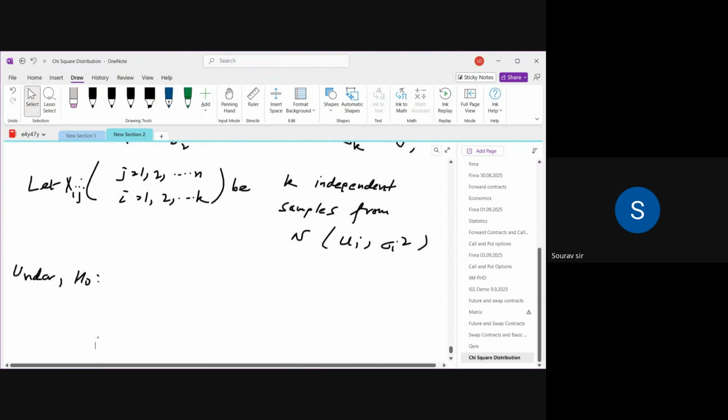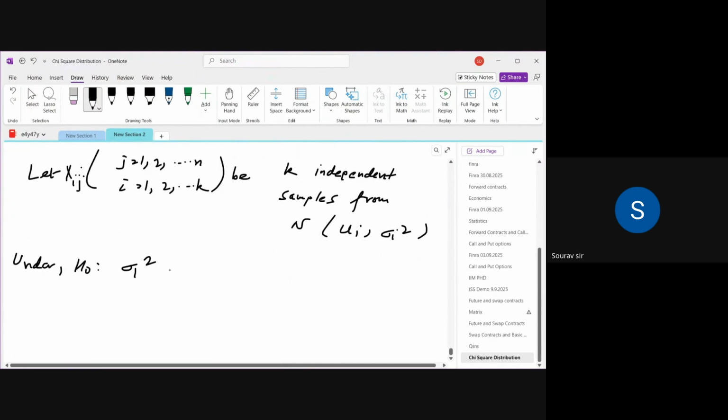So here, again we go to testing. We state H naught: sigma 1 square equals sigma 2 square, till sigma k square, equals this.